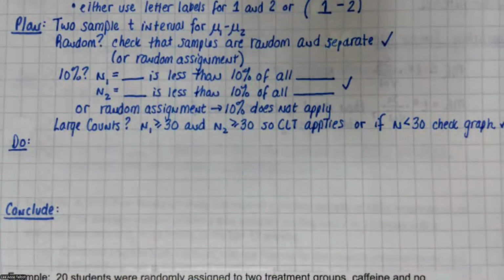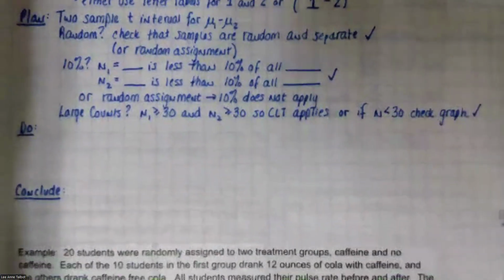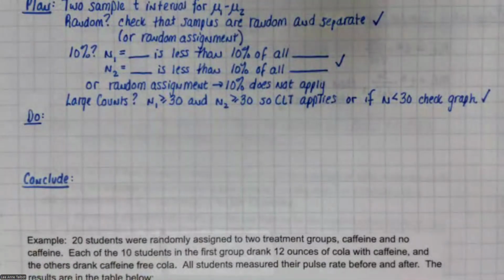Here's the thing. Because you might have two different sample sizes, one of them might be over 30 and one of them might not be over 30. They both might be over 30 or they both might be less than 30. Does that make sense? You only have to do the graph if it's less than 30 for one of them.